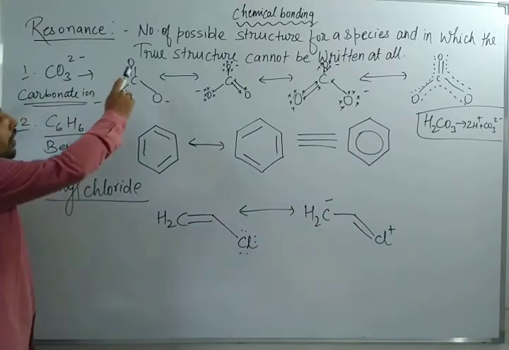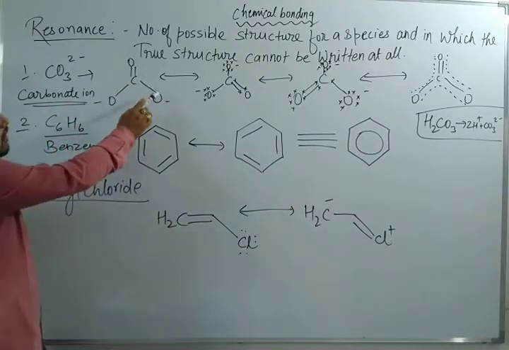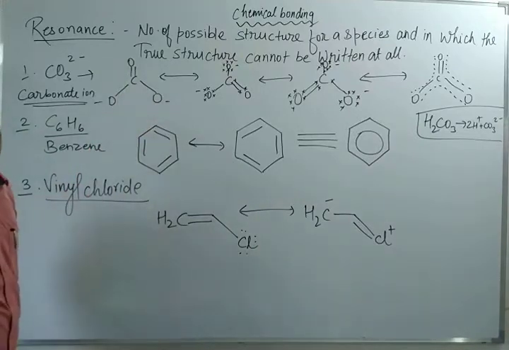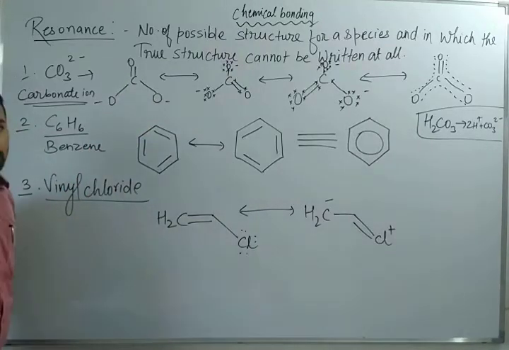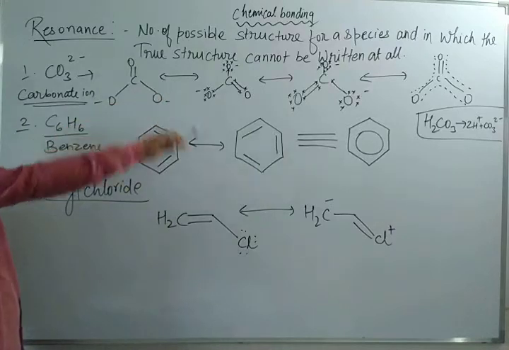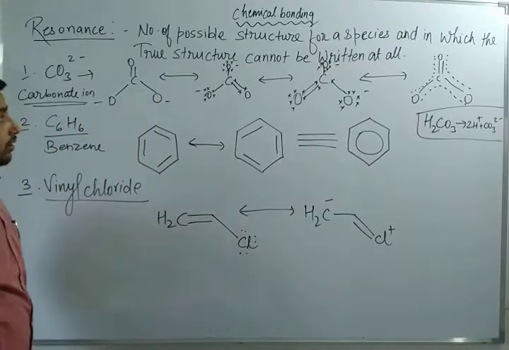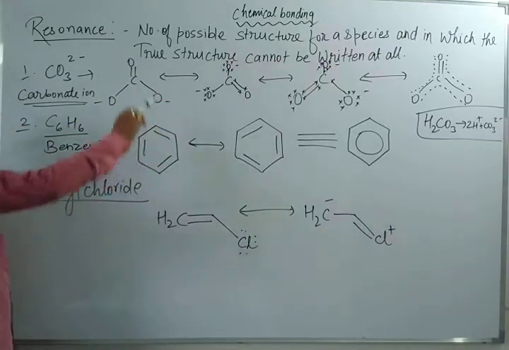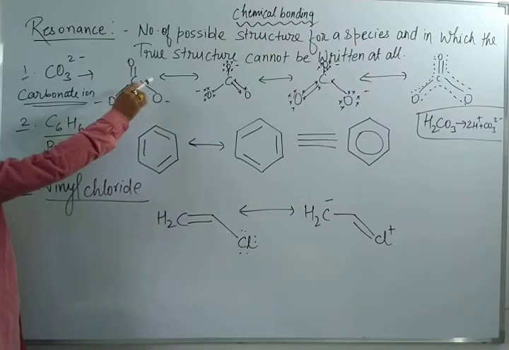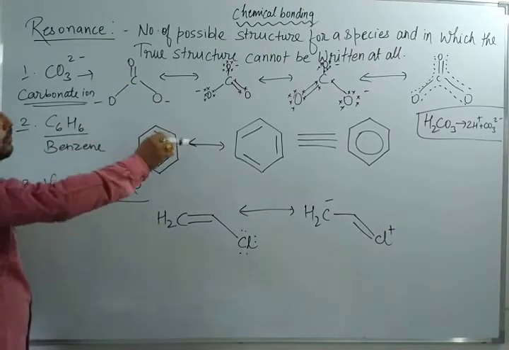Now suppose I don't put the double bond here, I put the double bond on this oxygen. Now the question is why you have put it there. I have already told you, the number of possible structures. Suppose on this oxygen, this double bond will shift here, so this minus charge will shift here.